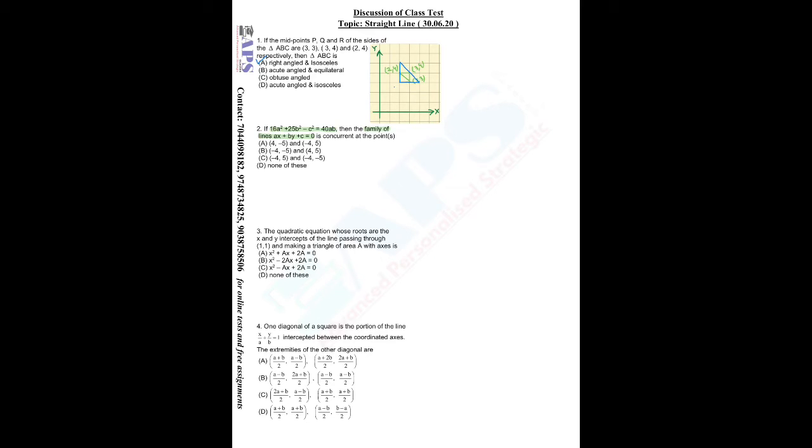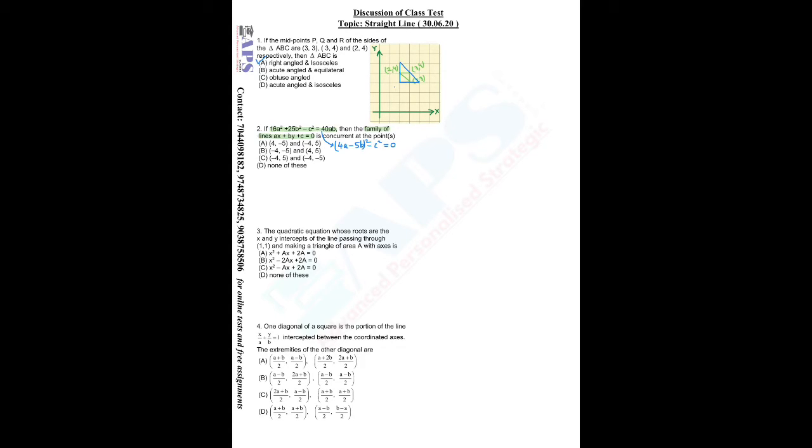So in this relation, if I simplify it, we will get 4a whole square plus 5b whole square minus 4a minus 5b whole square, and then we will have a minus c square, which is equal to 0.